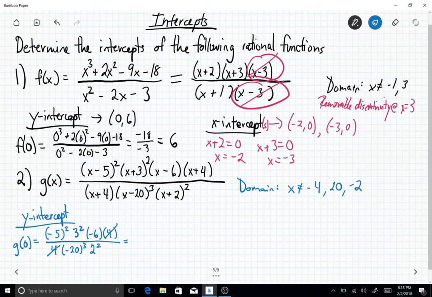What else can we cancel here? So we can rewrite negative 20 cubed. We can pull out the negative symbol, but that's going to be 5 cubed times 4 cubed, and then times 2 squared.